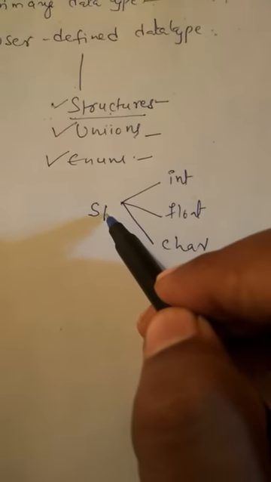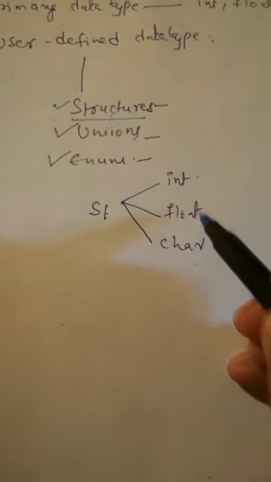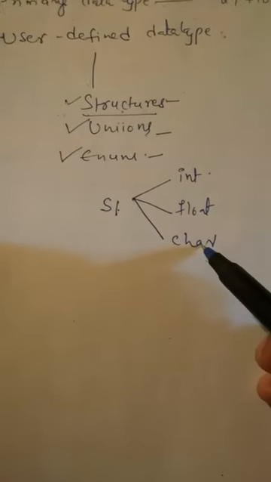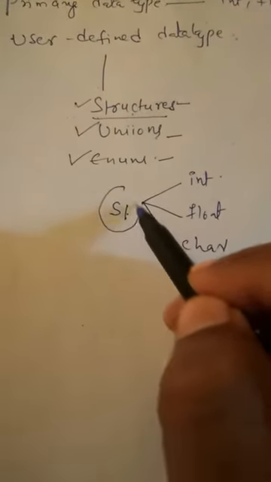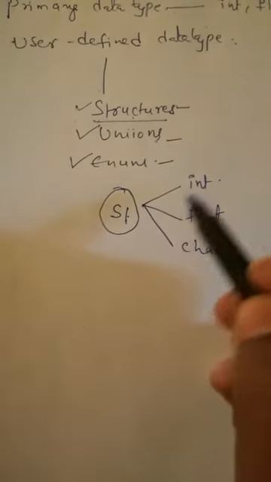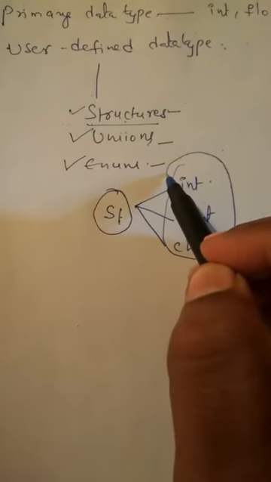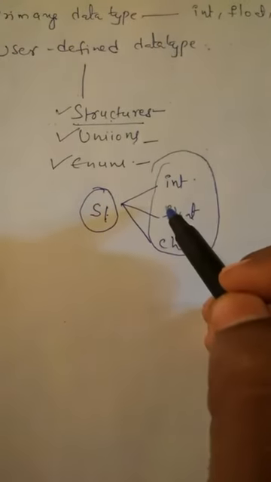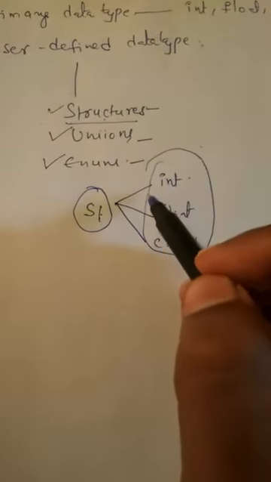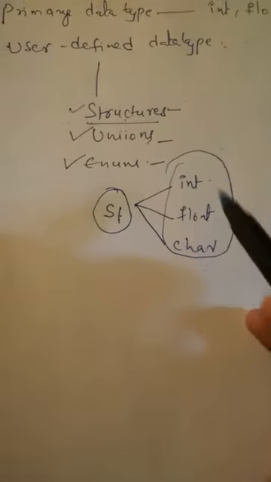One structure variable can hold different types of data. Structure is a heterogeneous collection of data types.